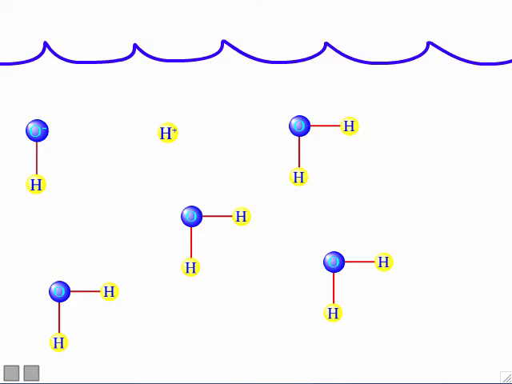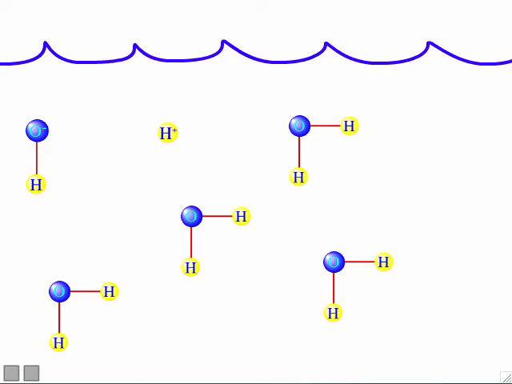And so scientists invented a way to talk about the hydrogen ion concentration of a solution. And that's what the pH scale is. The pH scale is a way of talking about what the hydrogen ion concentration of a solution is. So now let's talk about the pH scale.